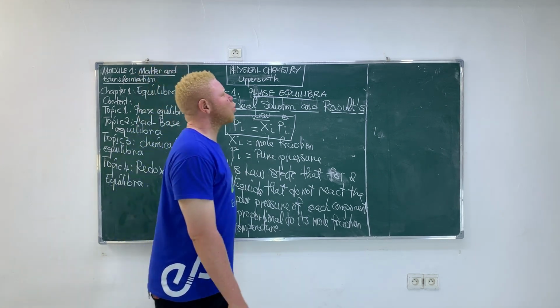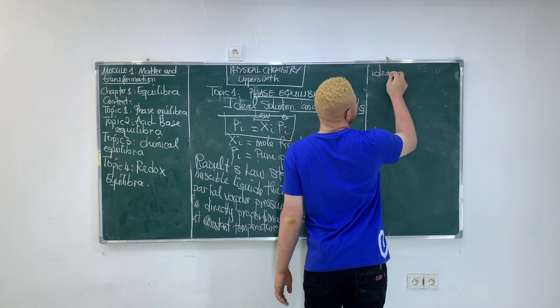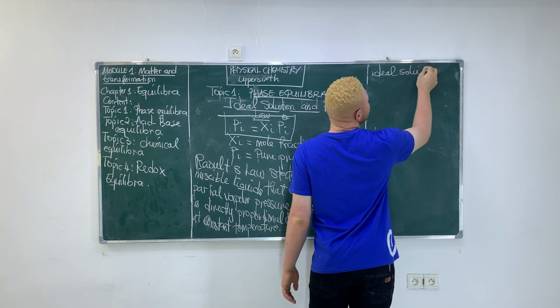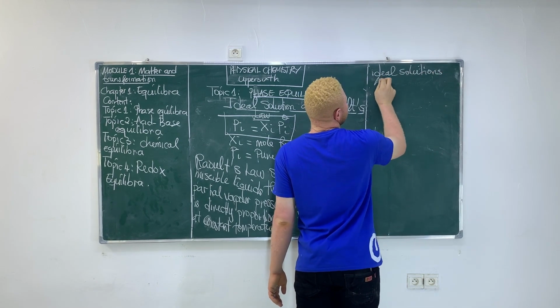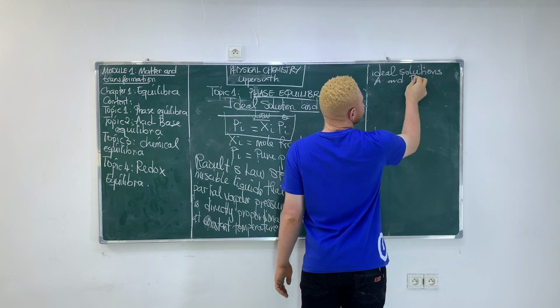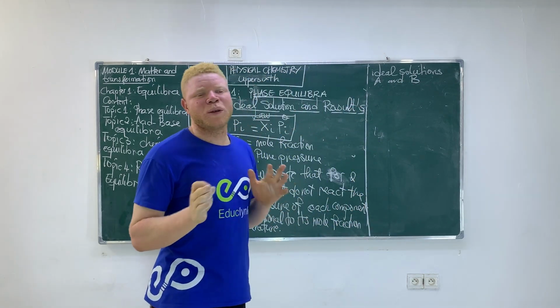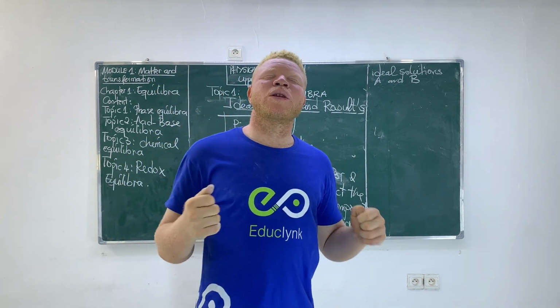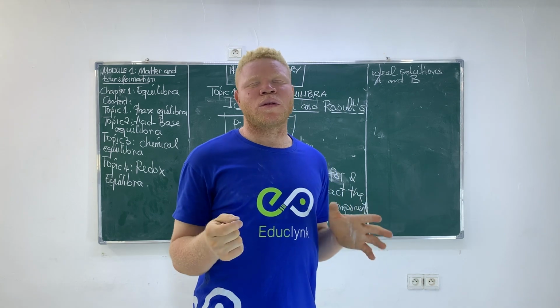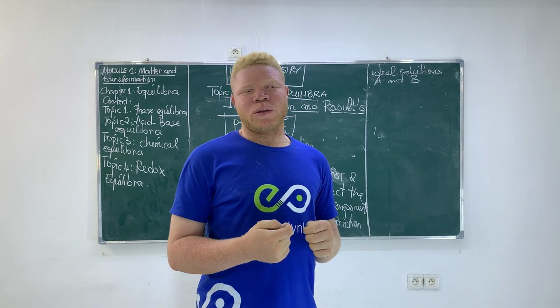So let's consider two ideal solutions, A and B. In that case, we have a mixture containing A and B. The different components have their own partial pressure.